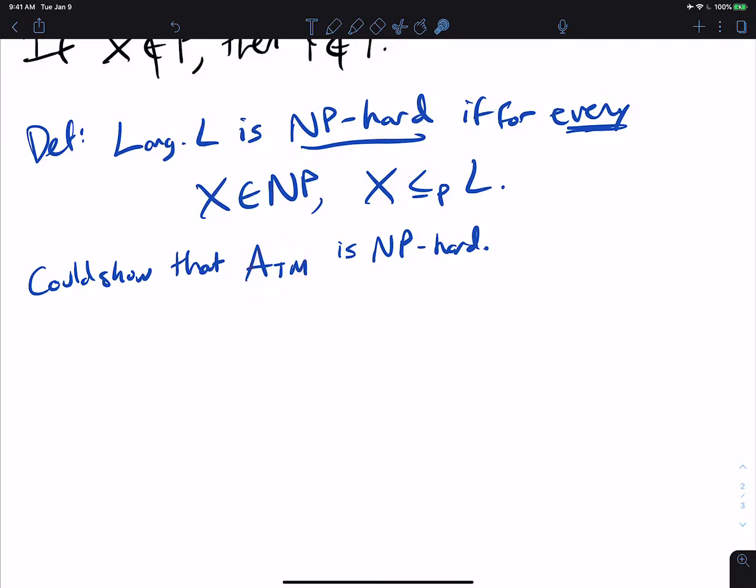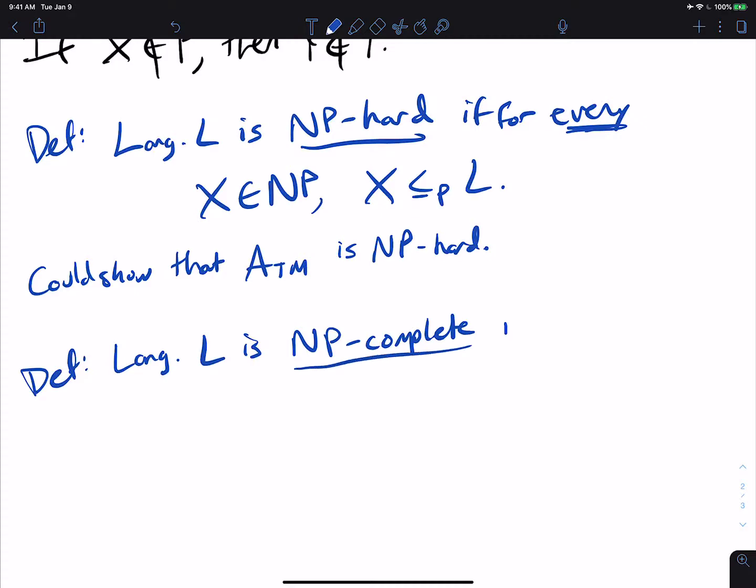So we have to amend the definition a little bit. Another definition: a language L is not just NP-hard, but NP-complete if L is NP-hard and L is in NP. By that reason, A_TM is not NP-complete, because it's not in NP. It's not even decidable.